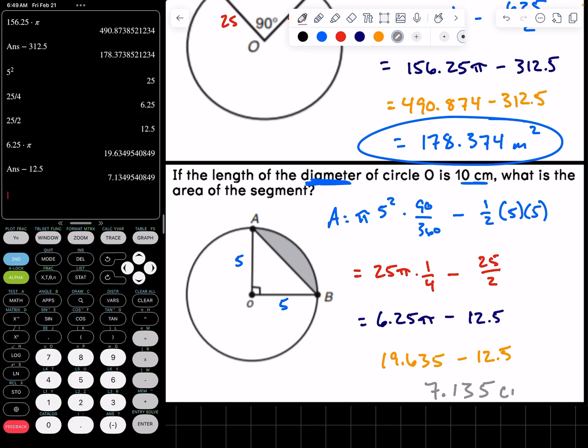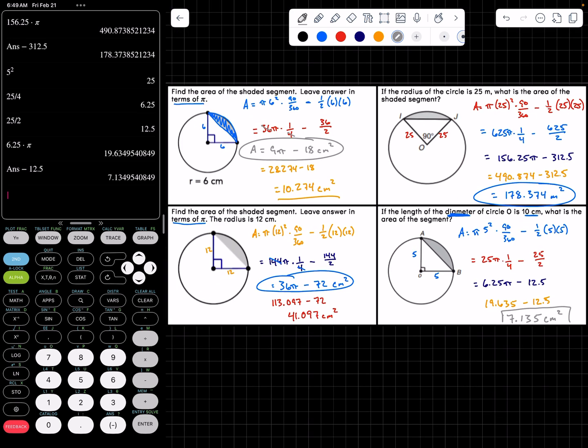We're dealing with centimeters squared. So again, nothing too crazy. A lot of formula work. We just got to work it down and take it slow. Take your time, and make sure you don't drop any pies. So just take your time with this.